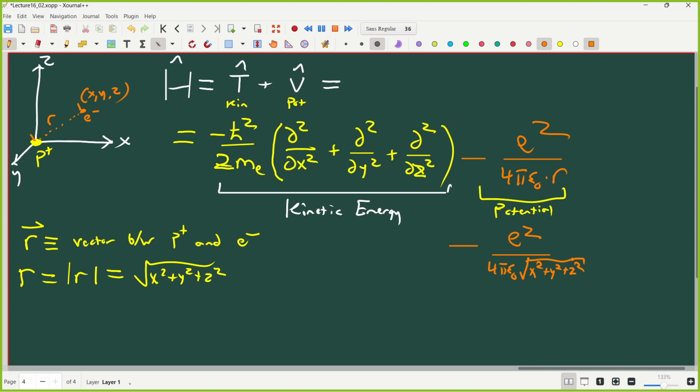So we have to come up with a better way to represent our coordinates, where we don't have these couplings. This is the same problem that you come across when you start doing multiple dimensional integrals in Calculus 3.